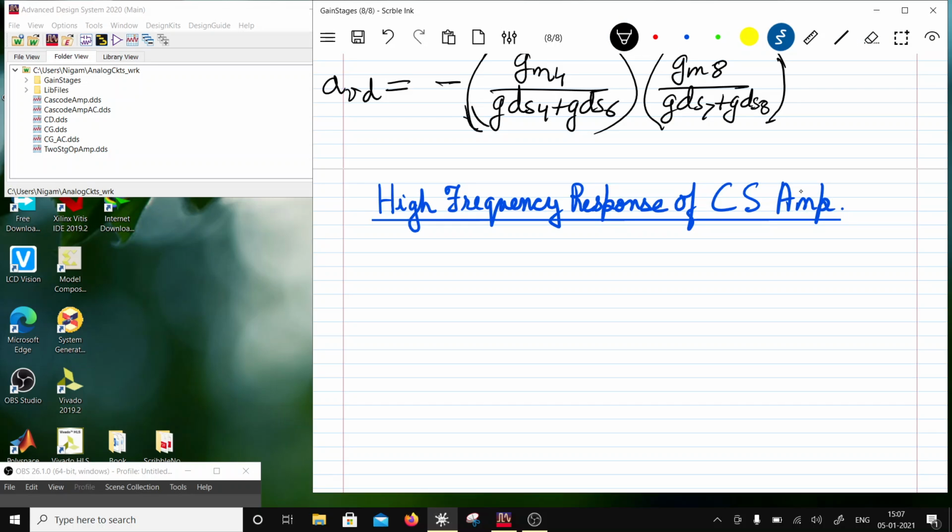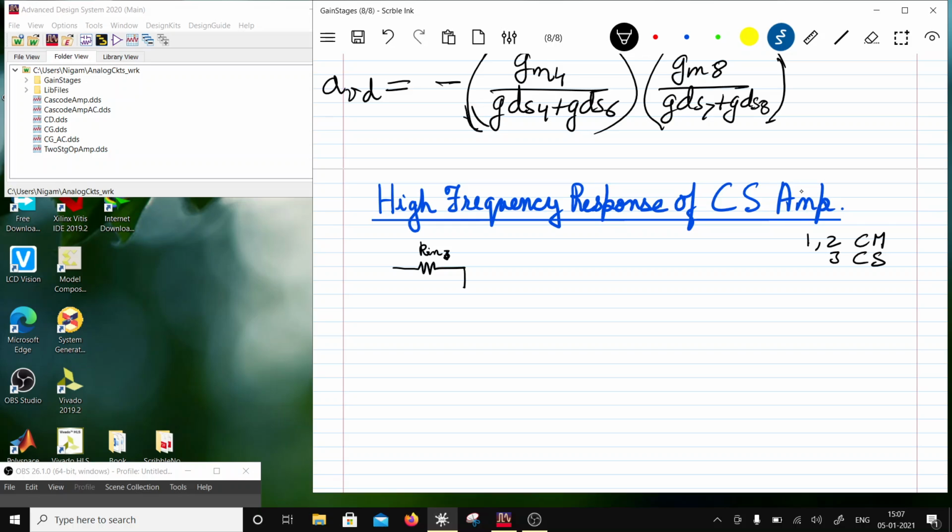So let me just first draw the small signal model for a high frequency response. Okay, so I'm going to consider input resistance Rn. Actually I'm assuming that I'm having transistor 1 and 2 in current mirror, and then transistor number 3 is the common source gain stage.